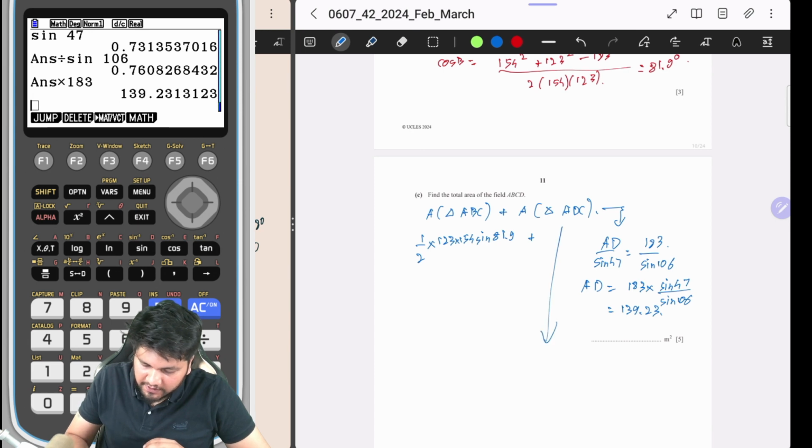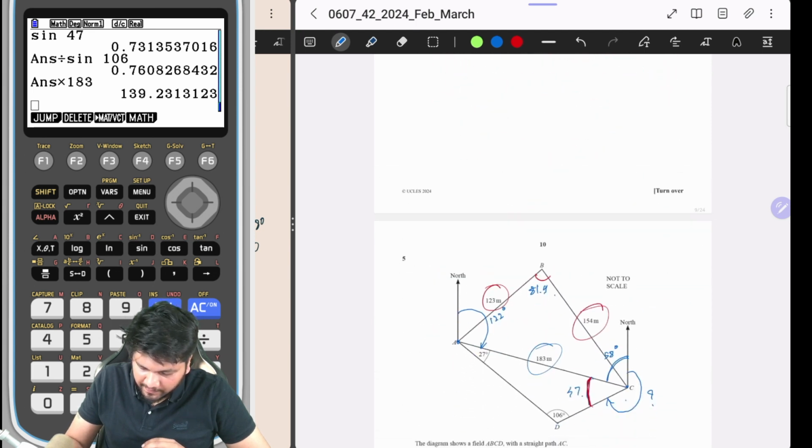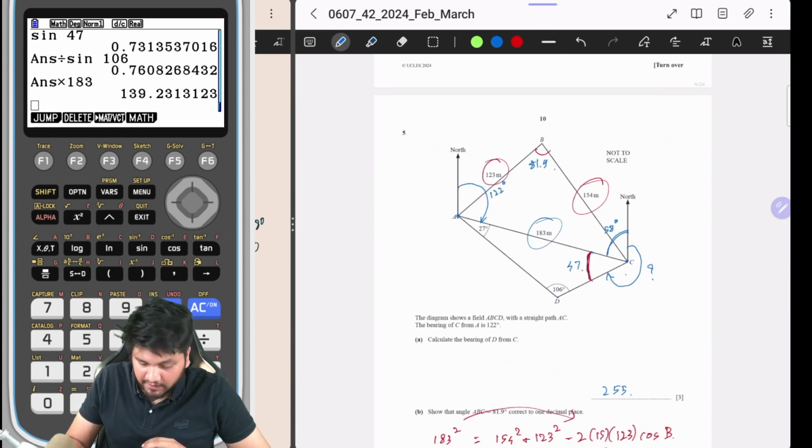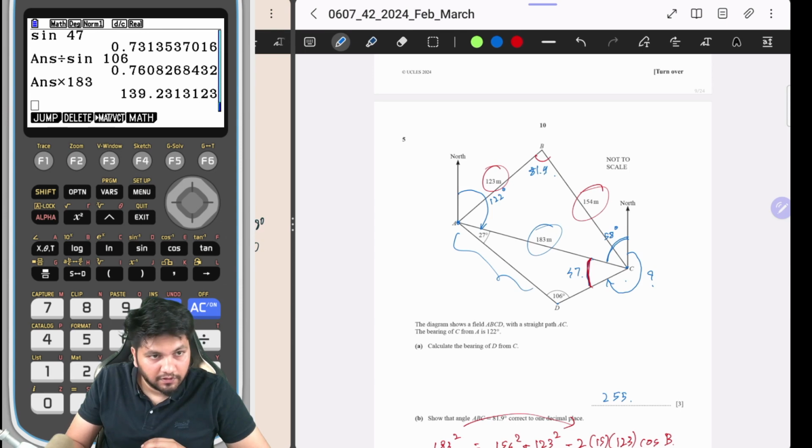Now for this area of triangle, all you have to do is half AD, which is 139.23, times 183 and sine of 27. I'll just verify again. AD we want, yeah, this is 139.23.